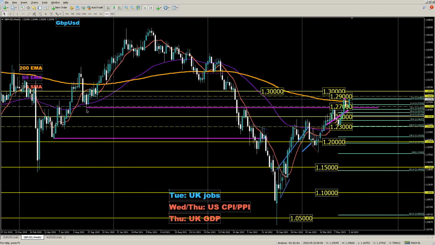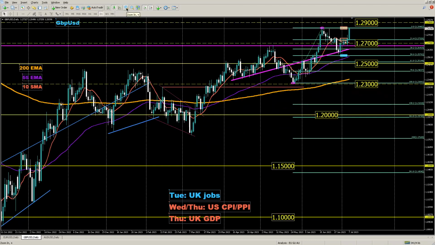It was a swing low area, and it has been resistance before, and now it's coming up to test.